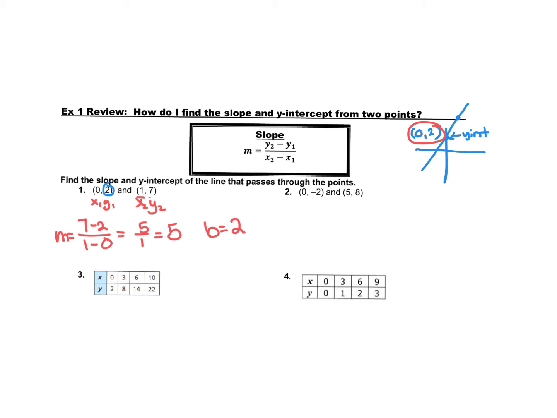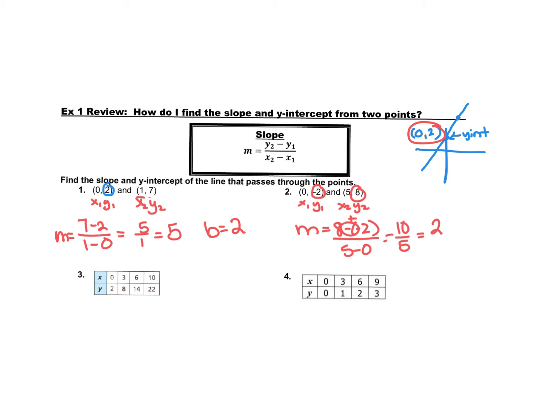All right, so let's do it again. I'm going to have my x1, my y1, my x2, and my y2. I'm just applying the formula: m is going to be equal to 8 minus, now look here, I've got a negative 2, so I've got to be careful, all over 5 minus 0. These became a plus, so I had 10 all over 5, giving me a slope equal to 2.